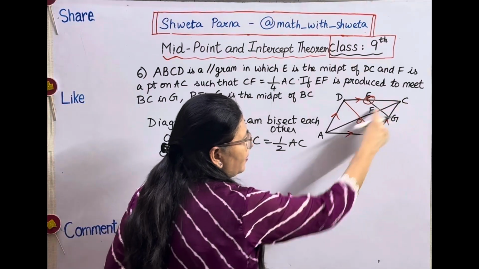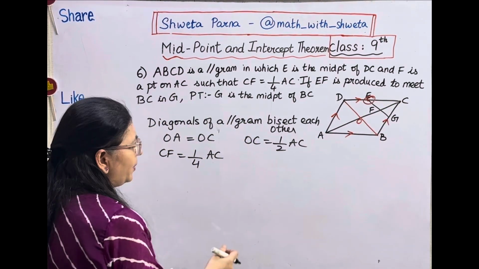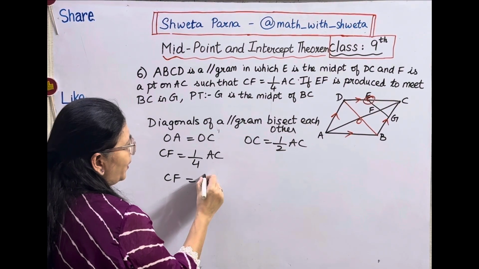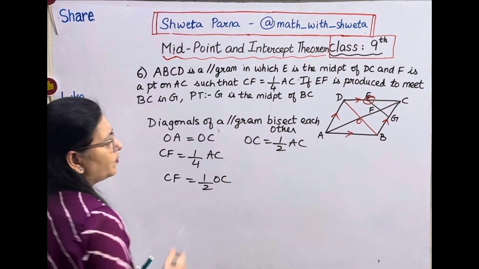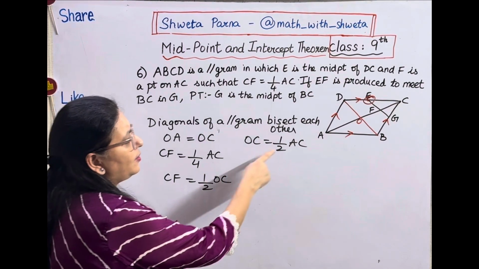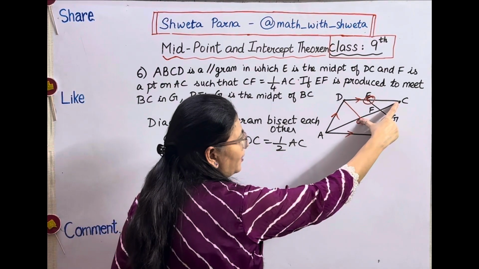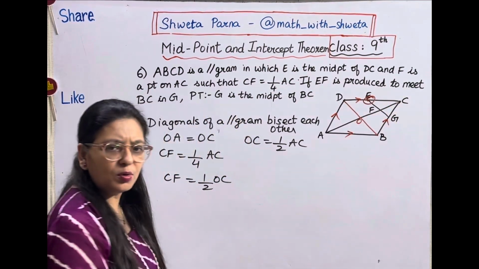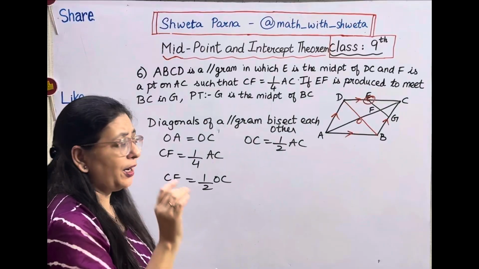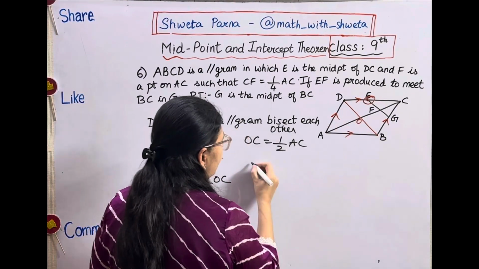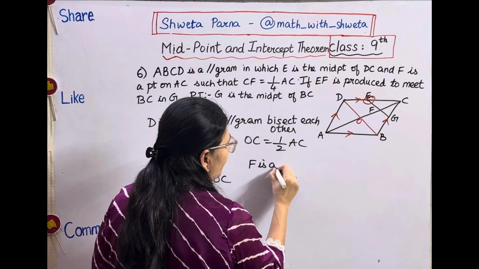Because OC is half of AC, that means we can write it as CF would be half of OC. Now this is 1/4 of AC and this is half of OC. So that means CF would be half of OC.